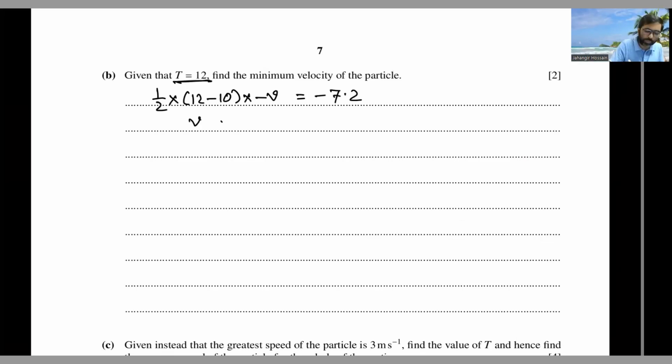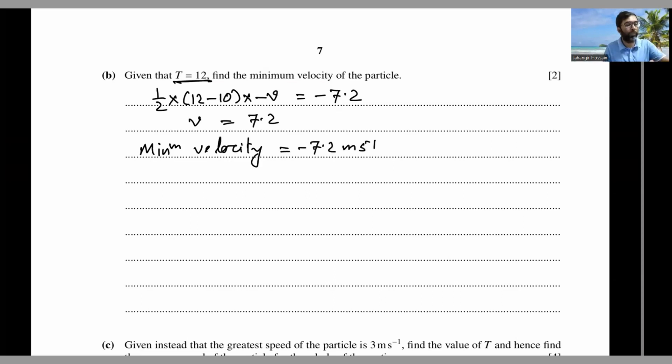So b is 7.2. So minimum velocity is minus b, that's minus 7.2. And we have to mention the negative sign because this is the minimum velocity.